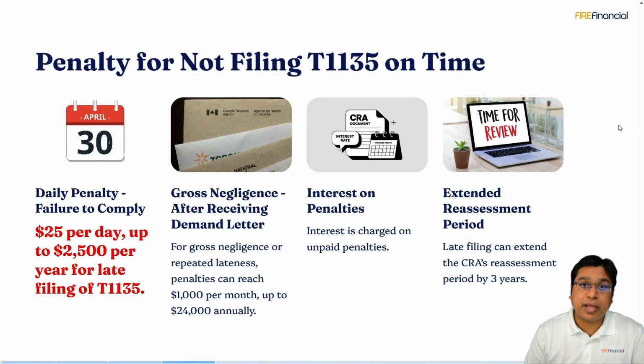That means CRA can go back and reassess those tax returns if the taxpayer missed the T1135 return. You can imagine that failing to comply with the T1135 return is pretty stiff, and that's why all the tax preparers are always asking this question if you have foreign assets which are more than $100,000.